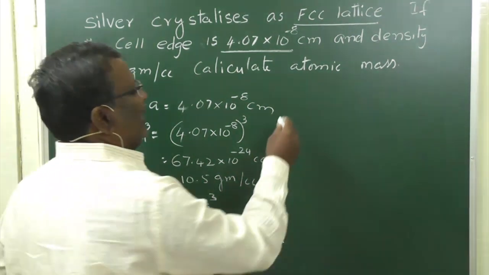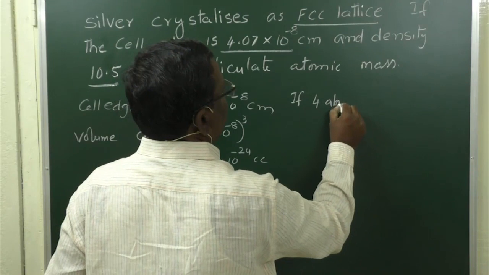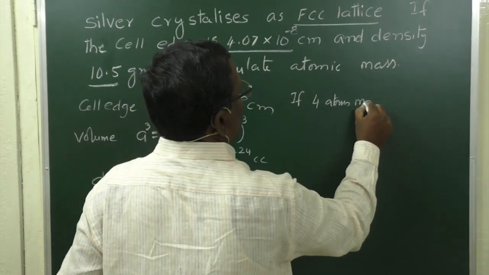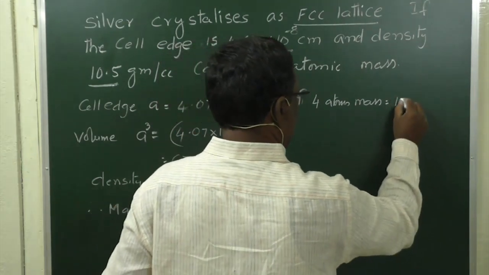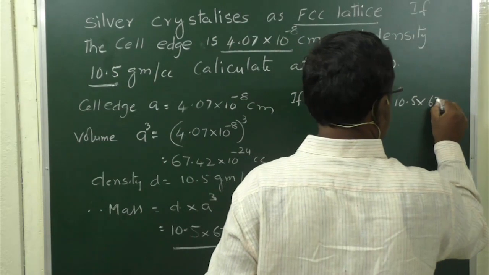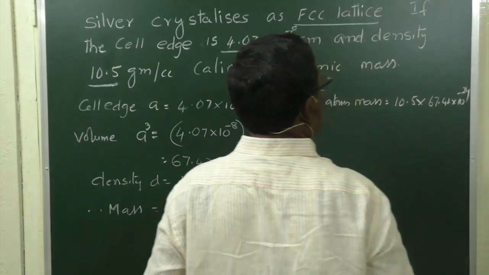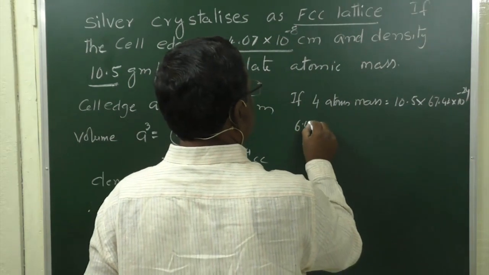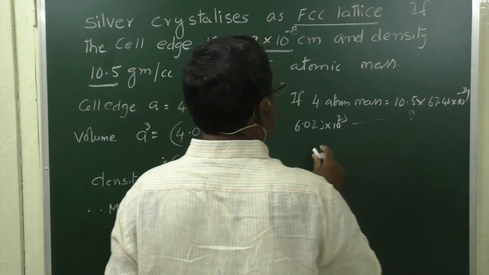So, if 4 atoms mass is equal to 10.5 into 67.42 into 10 to the power minus 24, then 6.023 into 10 to the power 23 atoms mass is how much?